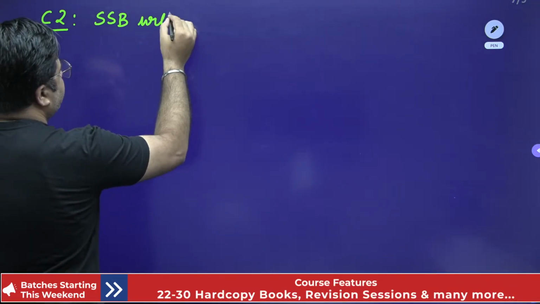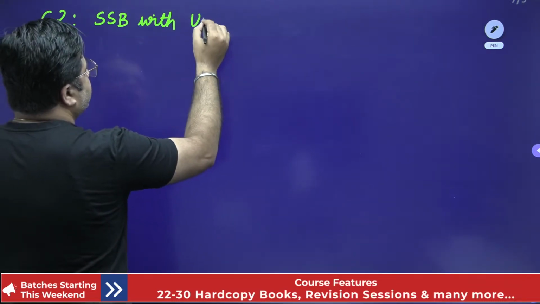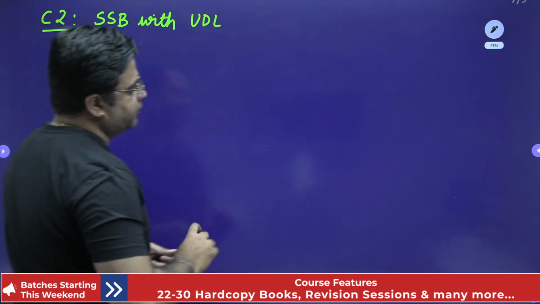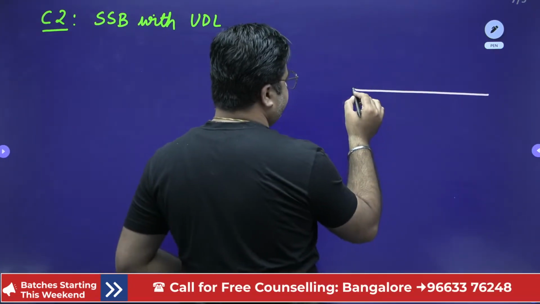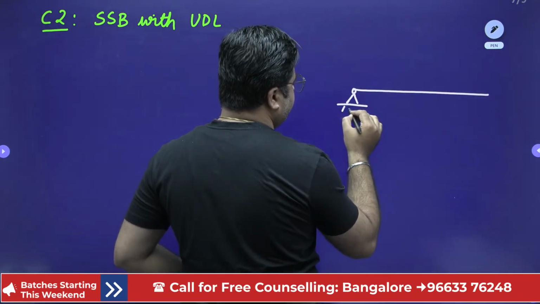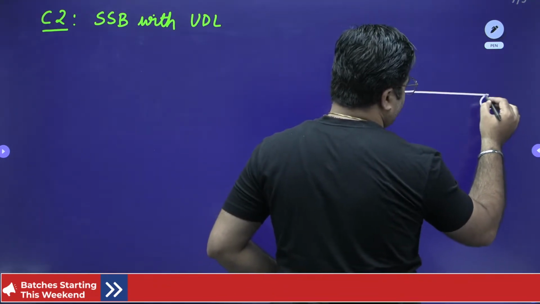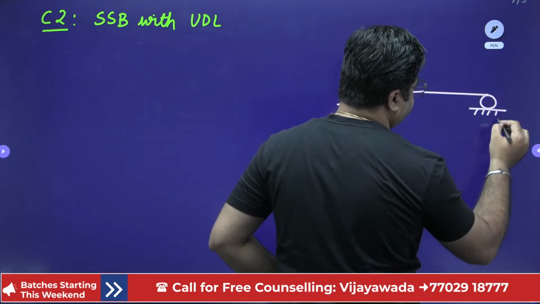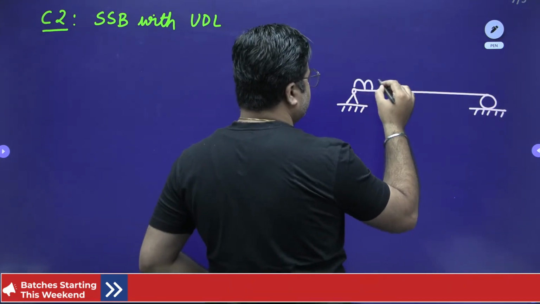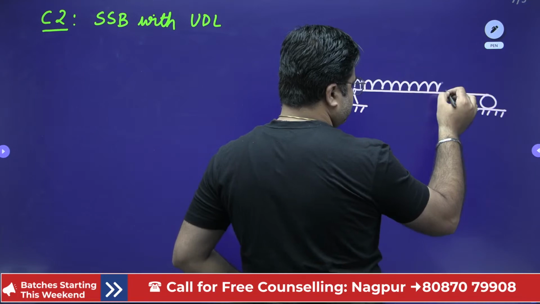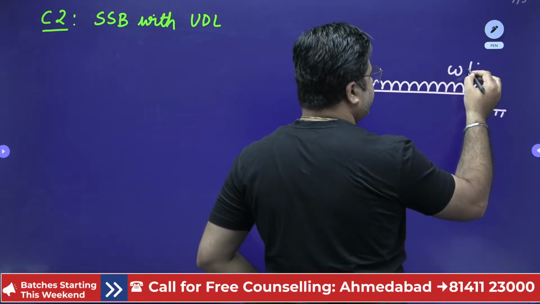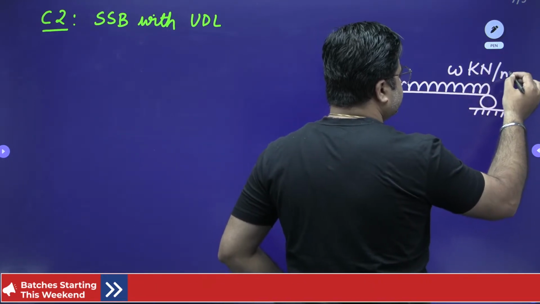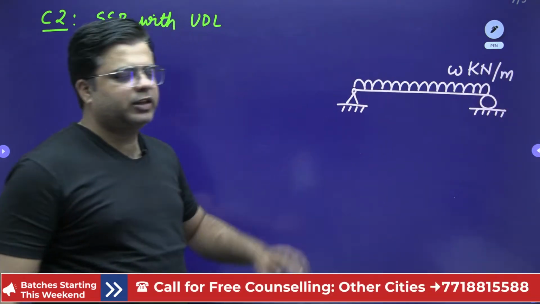So this is my simply supported beam, and it is loaded with UDL. This is W kilonewton per meter. And we need to draw the shear force and the bending moment diagram.